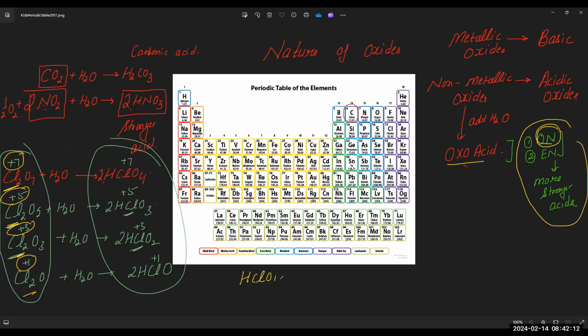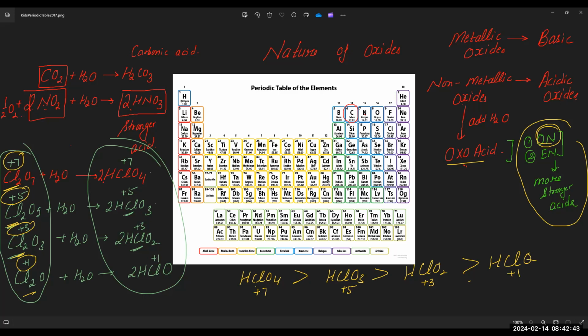HClO4, then HClO3, then HClO2, then HClO. This is how the acidic strength is decreasing. Why? Because here chlorine is +7, +5, +3. You can calculate the oxidation number the way I discussed in the last class and check it yourself whether I'm right or wrong.